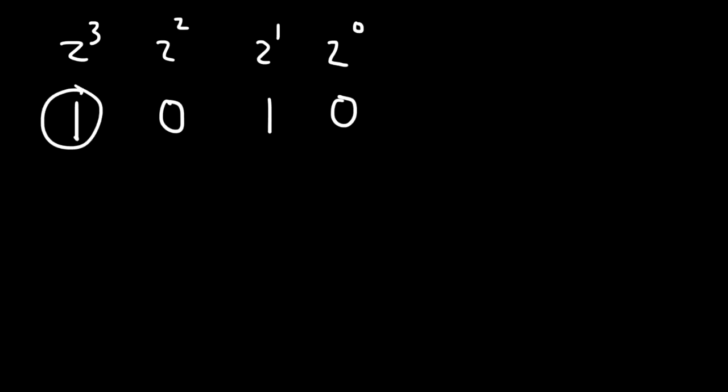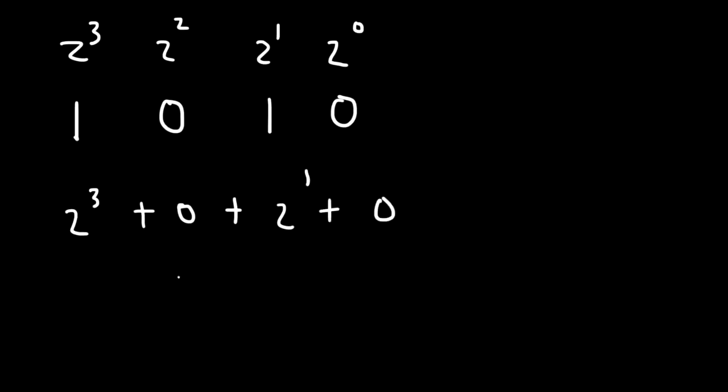So 1 times 2 to the third power is equal to 2 to the third power. And then if we multiply 2 squared by 0, that's going to give us 0. And we're going to add these values. And then it's going to be 1 times 2 to the first power, which is just 2 to the first power. And then 0 times 2 to the 0 is 0.